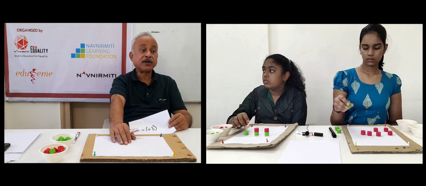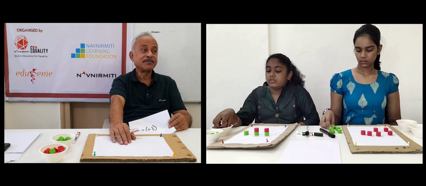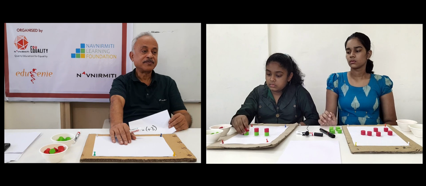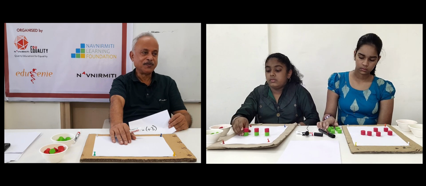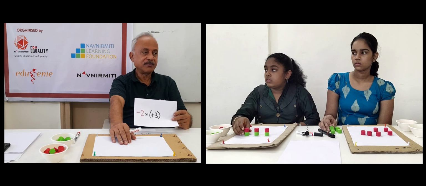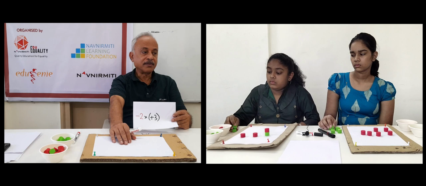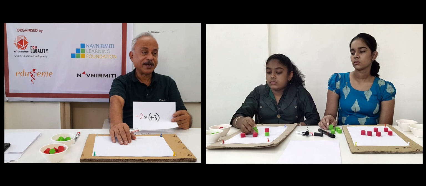So Gyanjyoti, what is the value of your account now? 0. Now it is 0. But you have to remove +3 how many times? 2 times.